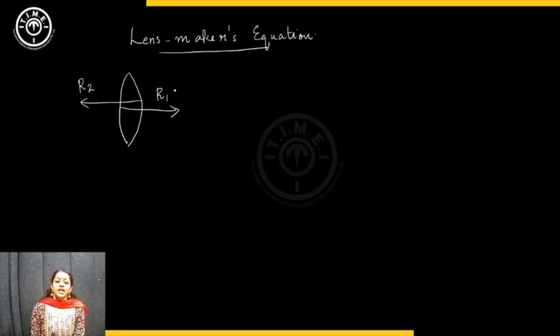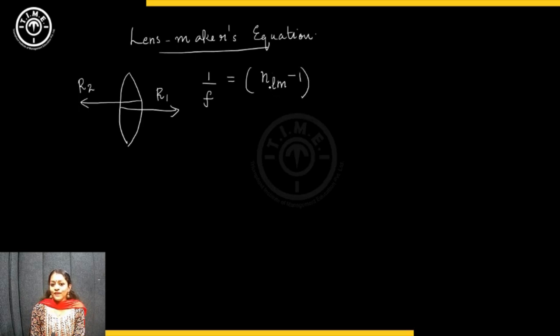Now, how will you write the lens maker's equation for this particular case? Yes, the equation is given by 1 by f. What is f? f is the focal length of this lens. So 1 by f is equal to (n_LM minus 1). What is n_LM?